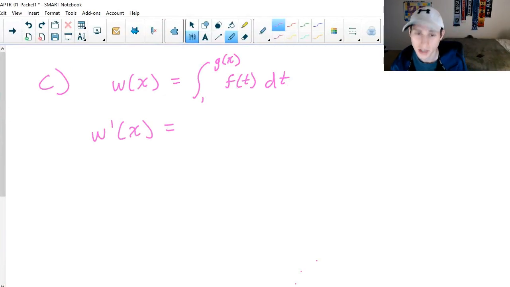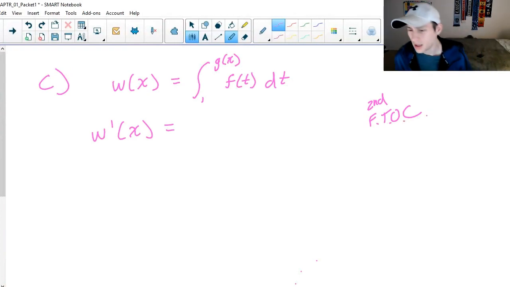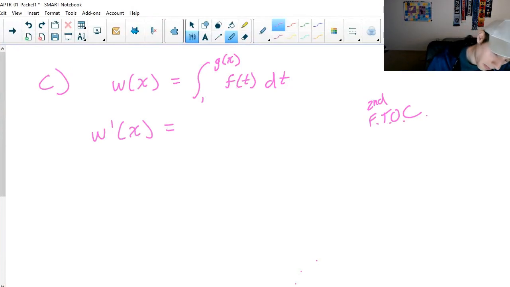If I want to find the derivative of a function that is defined by an integral, this is the second fundamental theorem of calculus. Again, talked about it in Calc AB. Right? If we're trying to find the derivative of a function that is defined by an integral, use the second fundamental theorem of calculus. And that tells us this.